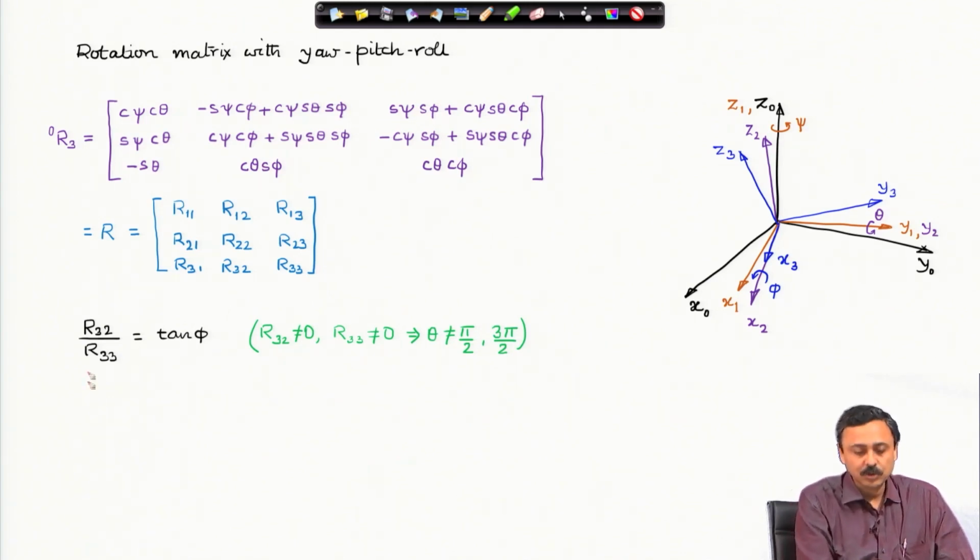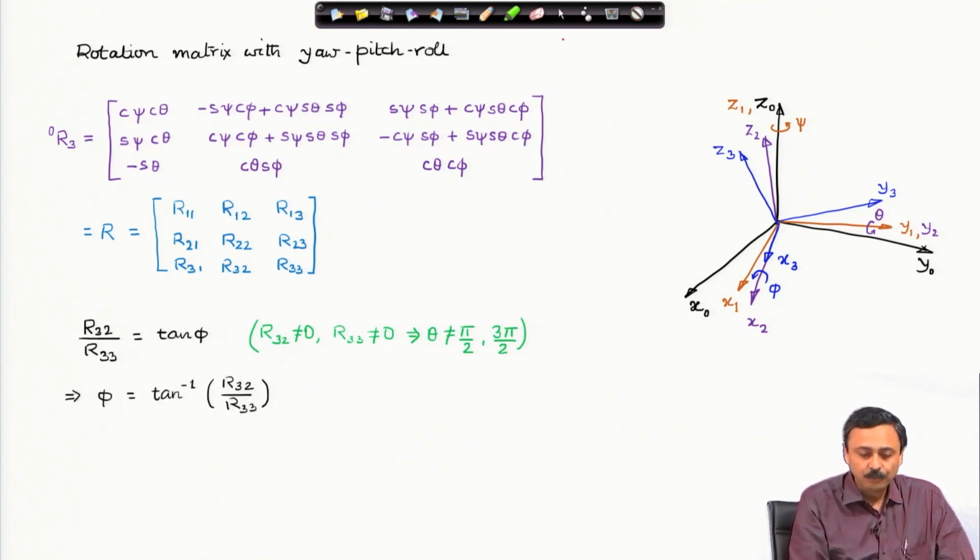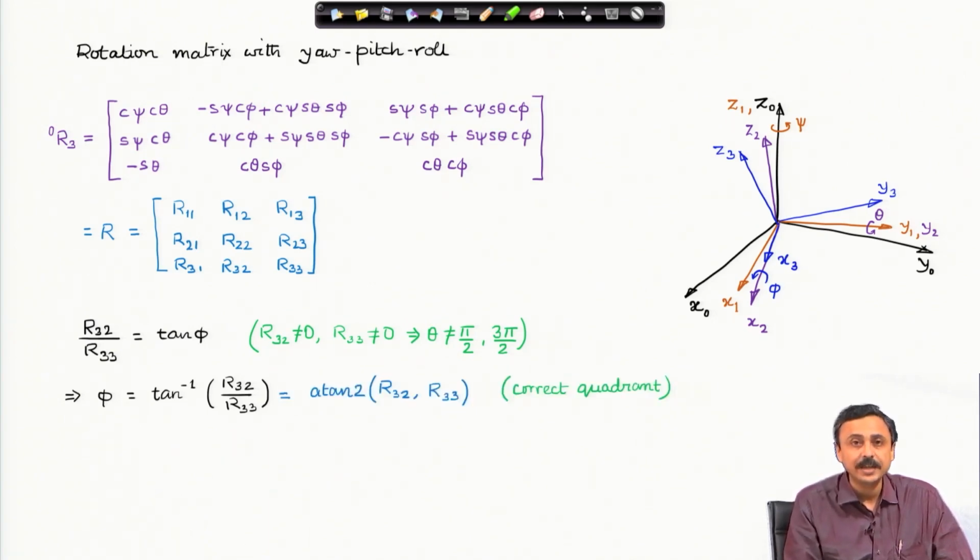So if they are both non-zero, I can easily solve. If any one of them is 0, I will know the value of theta, either pi by 2 or 3 pi by 2. Phi therefore can be solved as tan inverse of this, and in most programming languages and software you have this function called atan2, which you should always use to get the correct quadrant.